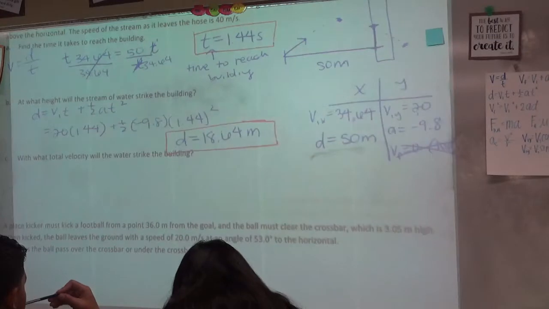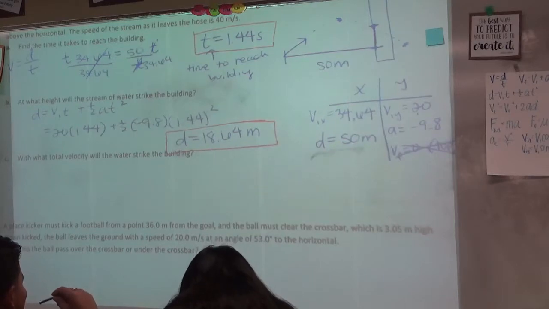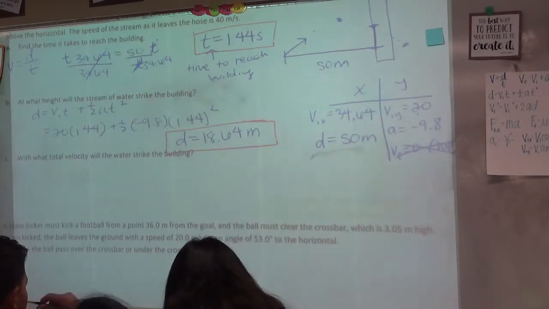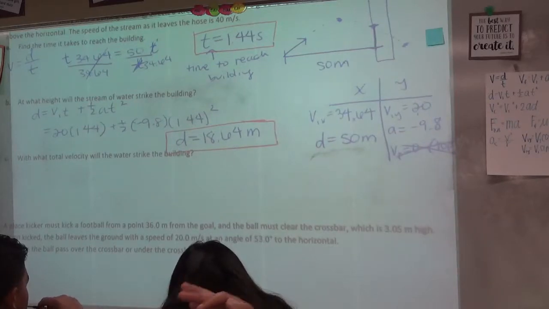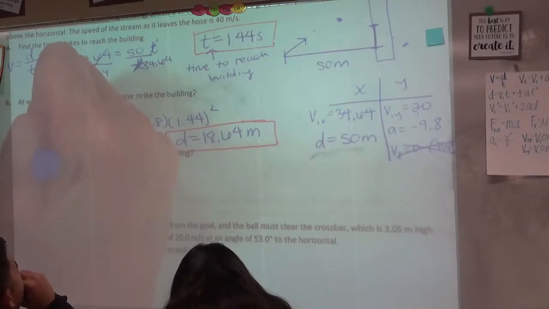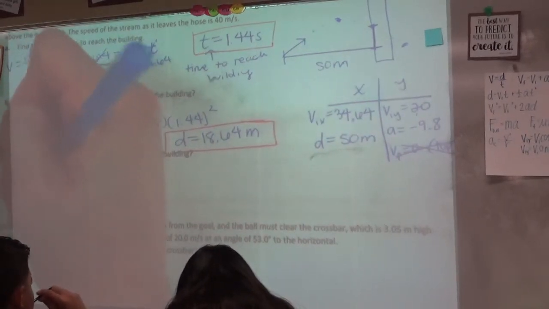So C is asking the total velocity that the water will strike the building with. If I want total velocity, what two things do I need to find the total velocity at some point? So VI is specifically at the beginning. Do I want the total velocity at the beginning?